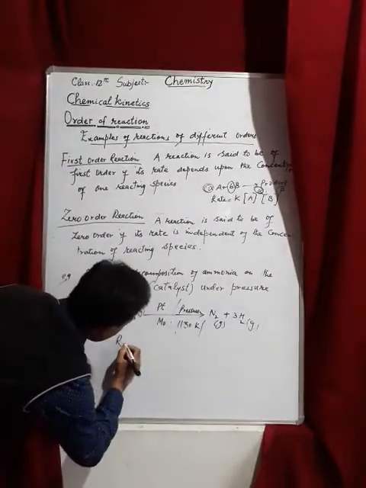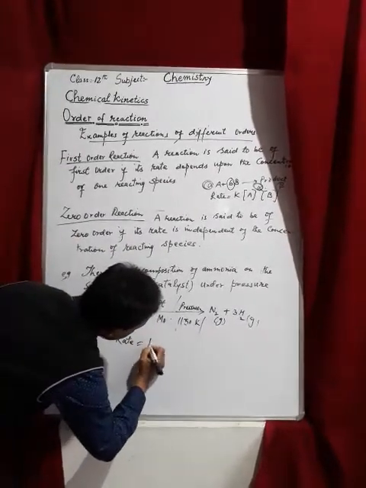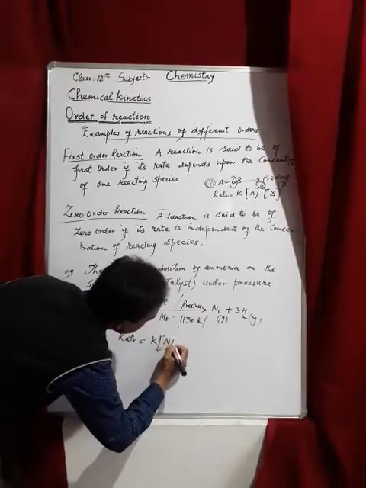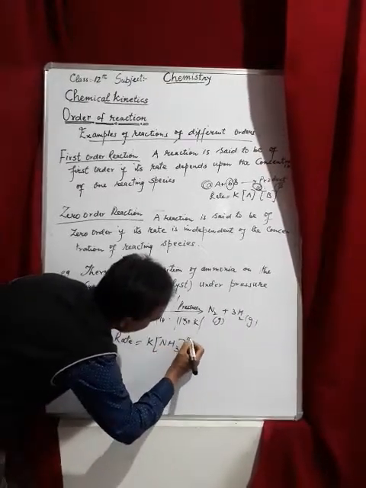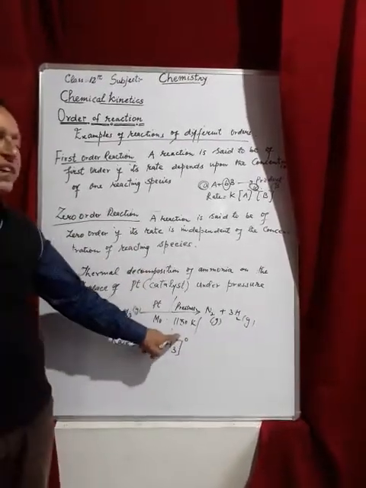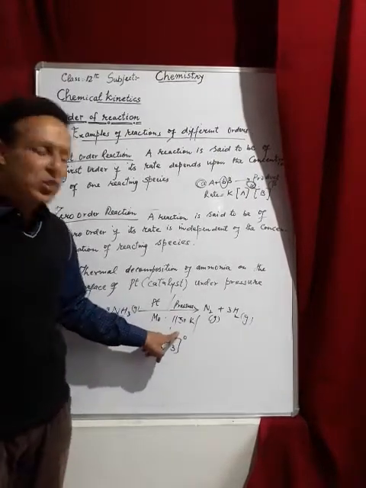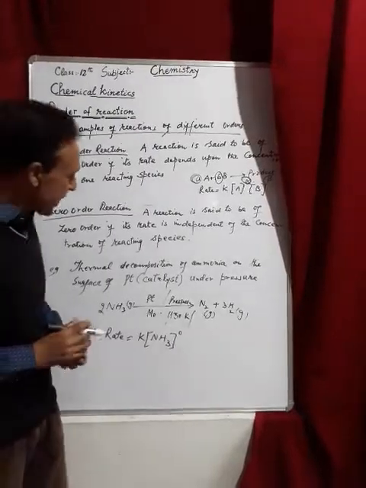The rate, according to the rate law expression, is independent of the concentration of the ammonia. So here the value of alpha plus beta is 0. So this is an example of a zero order reaction.